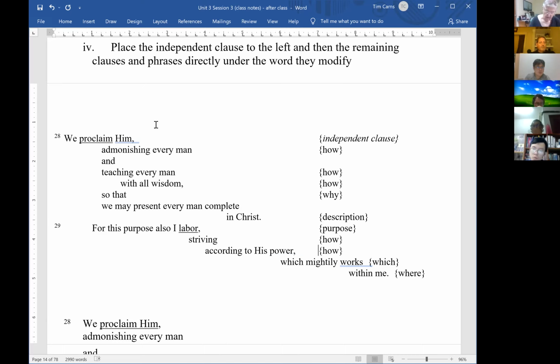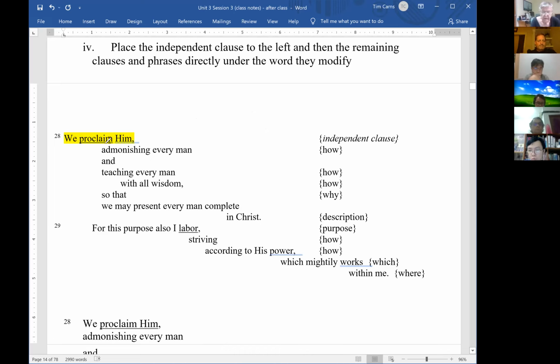All right, so as we look at this particular passage, we notice a couple of things here. One is that we have the independent clause, as we noted on the left. So that's the main idea of this particular passage. That's the main statement. That's Paul's focus.